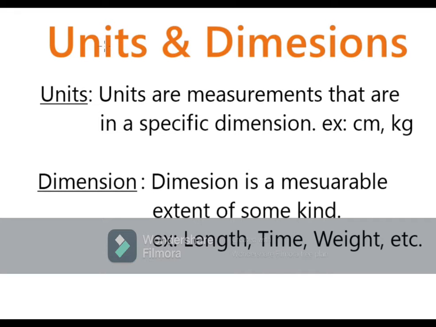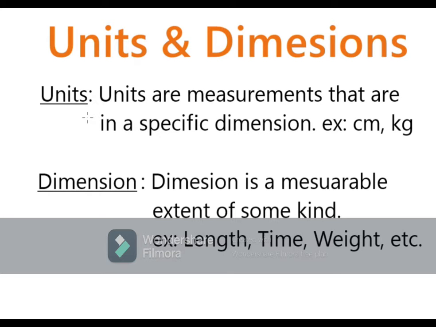Before getting into units and dimensions, let's see what they mean exactly. Units are measurements that are in a specific dimension, like centimeters and kilograms. This means that a unit depends on a dimension. So let's see what a dimension is.